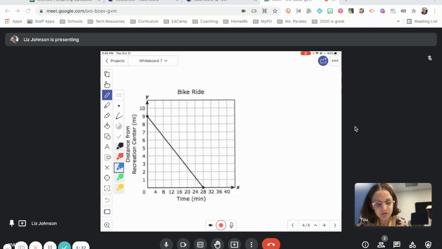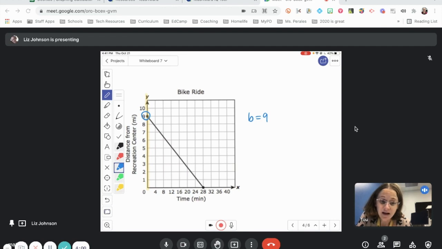Check out this one. This is a student who is riding their bicycle to the recreation center. Can you tell how far away they were when they started? How far from the rec center did they start? See, y-intercepts really are useful because we can tell that they started 9 miles away.